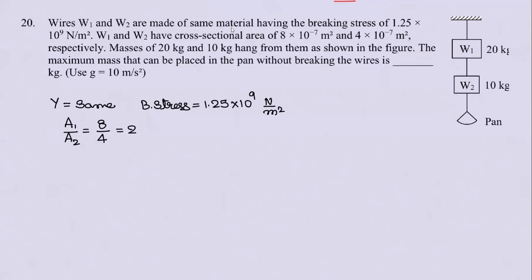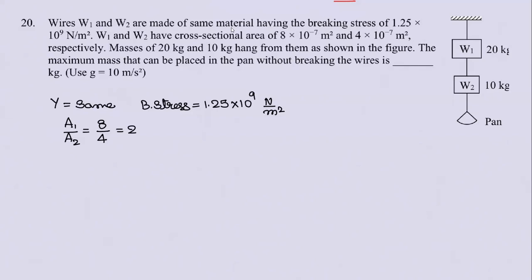Now try to understand. We don't know whether this will break or this will break. So the blunt method is that you assume this will break and calculate the maximum. You assume this will break and calculate the maximum. That's one way of dealing with it.